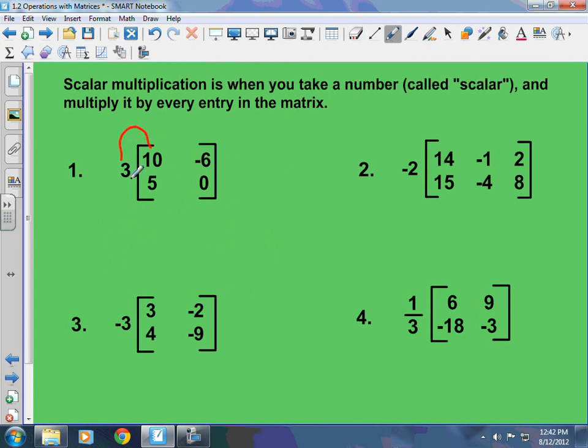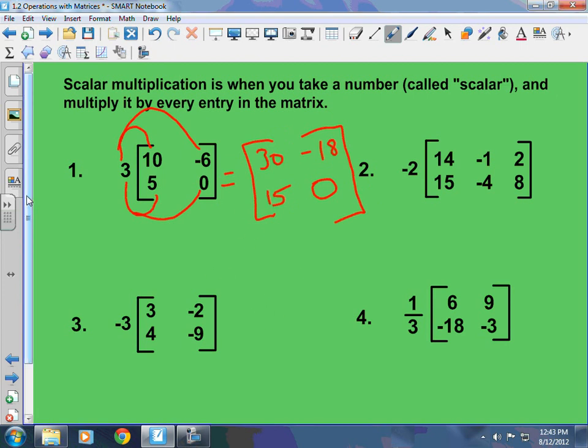This means 3 times 10, 3 times negative 6, 3 times 5, 3 times 0. So in my matrix, I'm going to have 30. A positive and a negative make a negative. Negative 18, 15, 0. Okay?